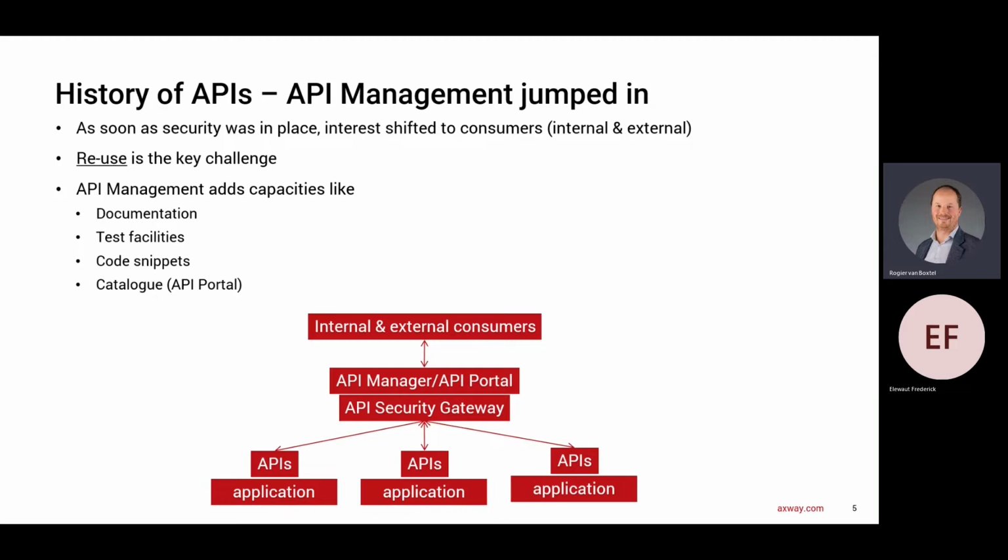So more and more often organizations started to realize that having an API is nice, but it costs money to create it. So you need to make sure that at least a couple of other departments, other applications, business partners, maybe the outside world starts to use those APIs that you created. So that was kind of the journey that we went through.